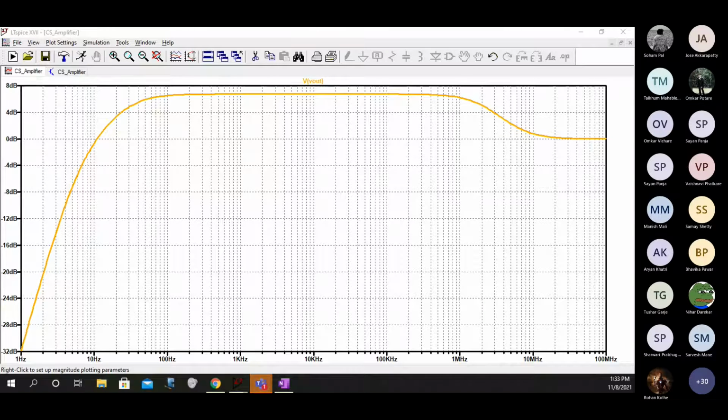Okay, Riddhi, your graph is correct. So please plot this together.